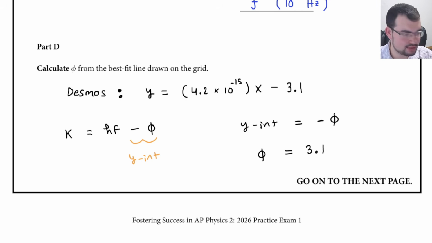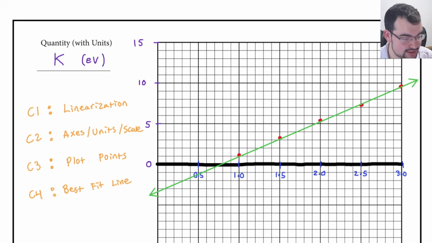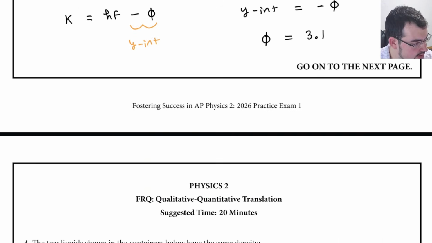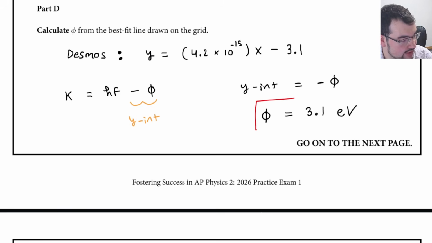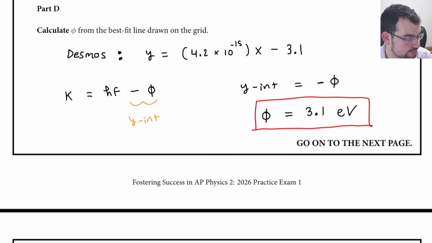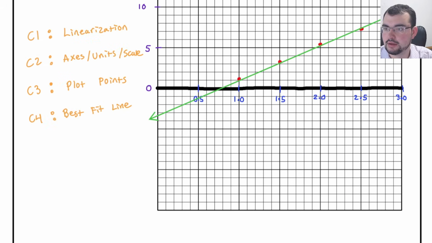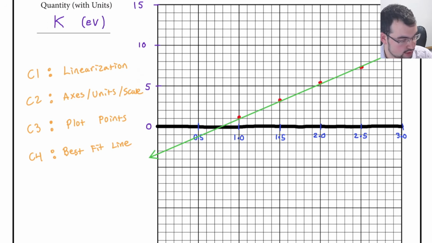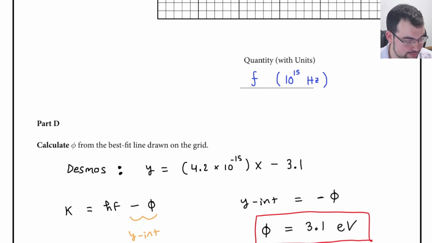And what's the units on that? Well, it's just going to be whatever the units are on our y-axis. And this is an energy, so it is eVs in this problem. And we can check that that is consistent with our drawn regression line, because if I count 1, 2, 3, it looks to be just a little bit beneath 3. So 3.1 seems reasonable that this line could go through that point down there.